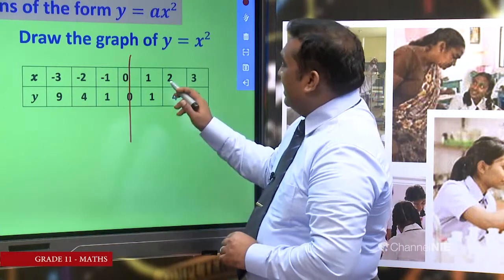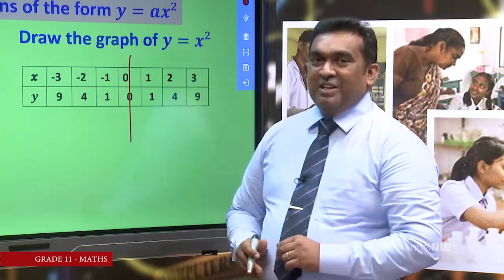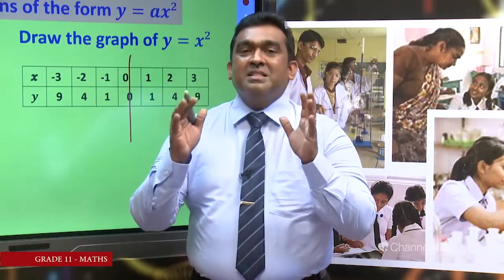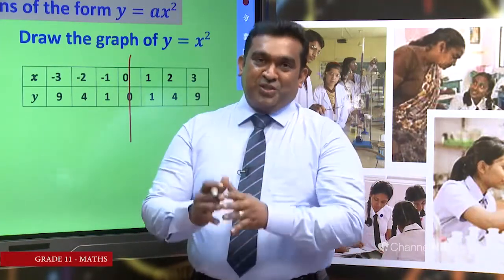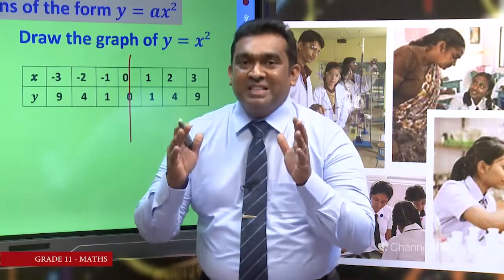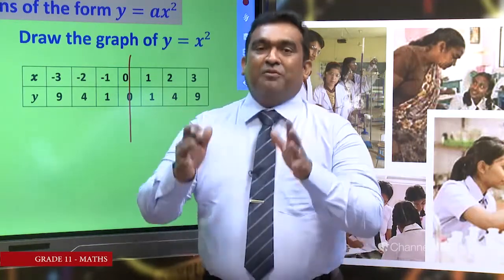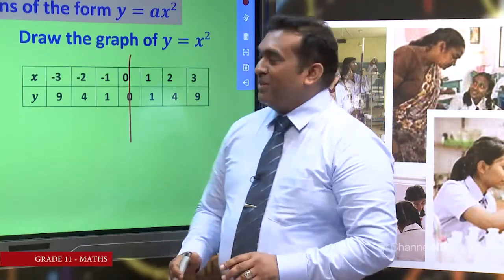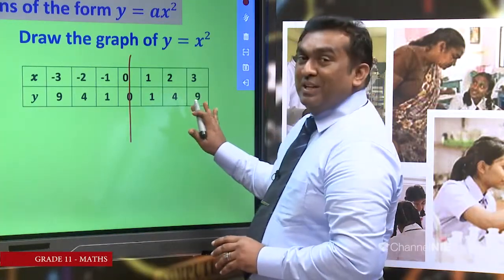Right hand side: 1, 4, 9. Symmetrical values. By considering the symmetry of the curved line graph, you can find out the right hand side values.